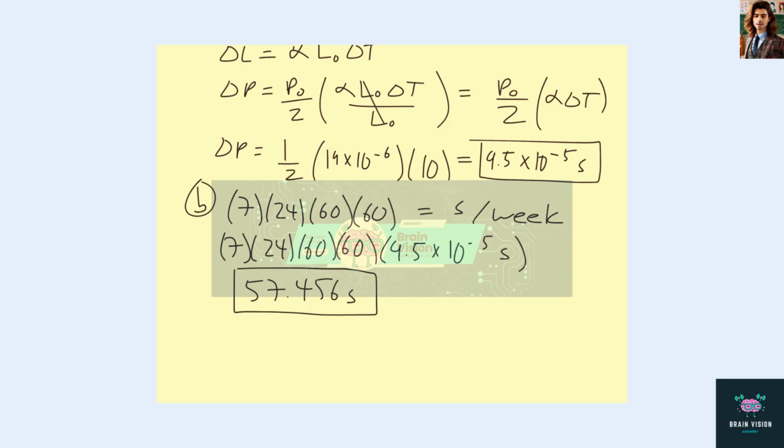Because each time the pendulum goes across, it's supposed to be 1 second. So we lose 9.5 times 10 to the negative 5 seconds per 1 second of the pendulum. So how many seconds are there in a week? Well, we found that with this expression here. So we just multiply it by seconds lost per pendulum swing, and then we get our solution.